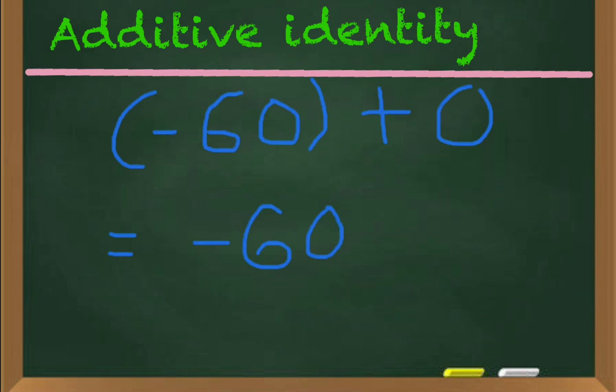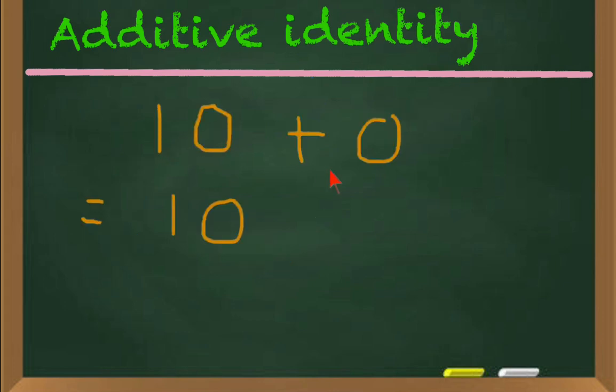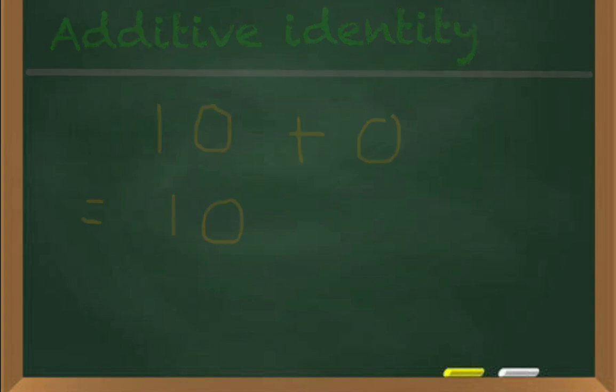That is, if I am adding -60 with 0, I am getting -60 as the answer only. If I am adding 10 with 0, I am getting 10 as the answer only. So that means any number added with 0, whichever number it is, will be the answer. So 0 is called the additive identity for integers.